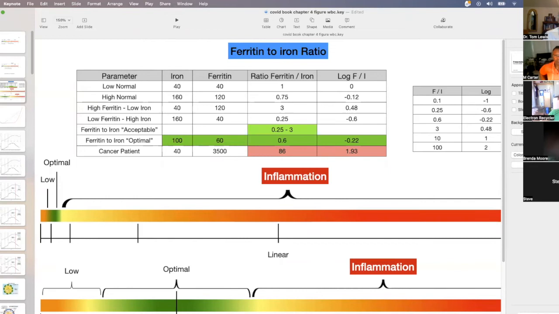Oh, absolutely. I mean, it's a huge protocol now to address this. And again, a lot of people are more predisposed to mast cell activation, which is excessive histamine release.